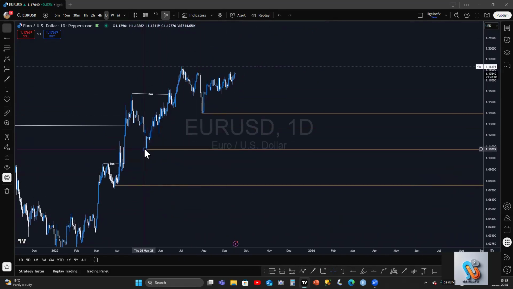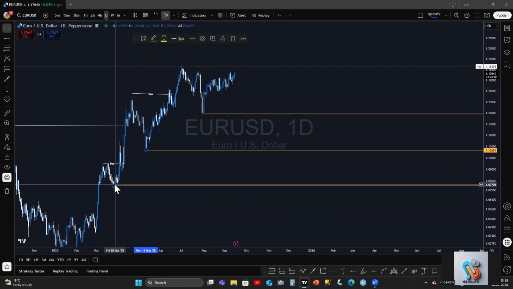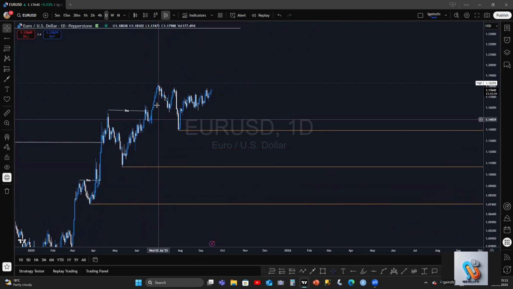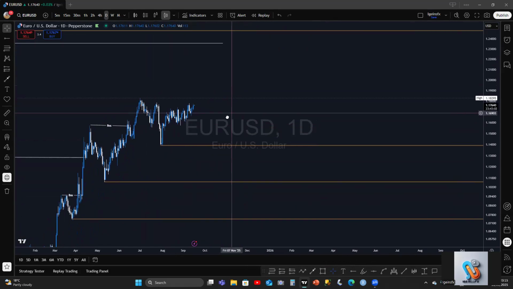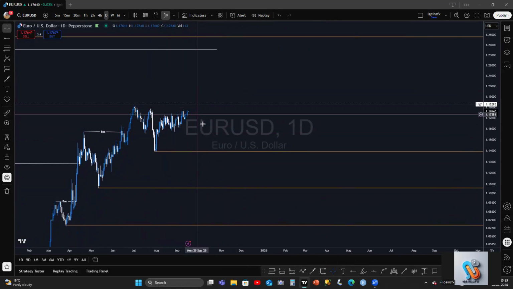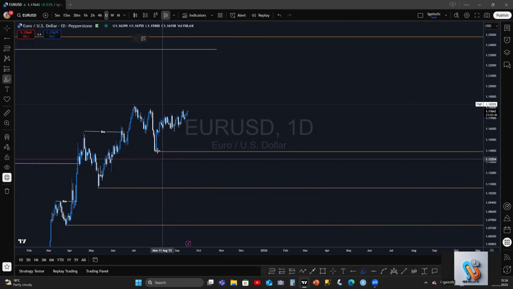Price has created this already and is already moving, dishing out buy. Price came like this and found a support here. That means buyers are here.